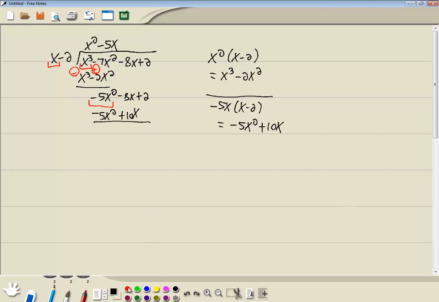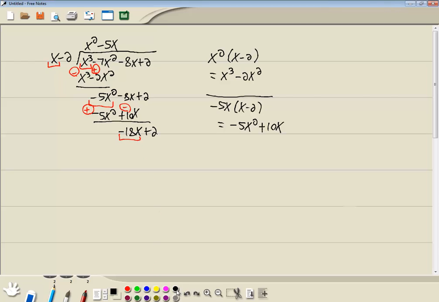Now we're going to subtract that line, which means flip signs. So the negative 5x squared becomes a positive, the positive 10x becomes a negative. Negative 8x, negative 10x gives us negative 18x. I'll bring down the plus 2. And then we'll repeat the process.